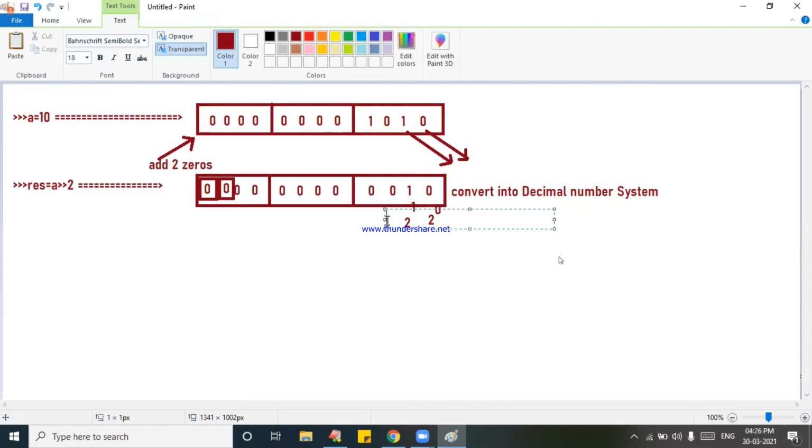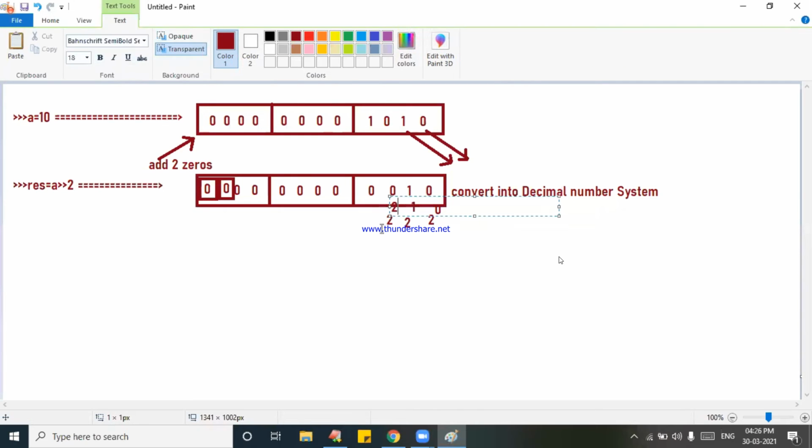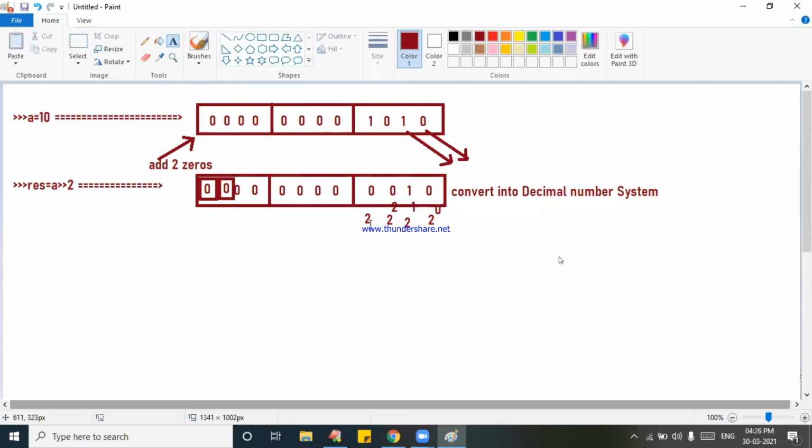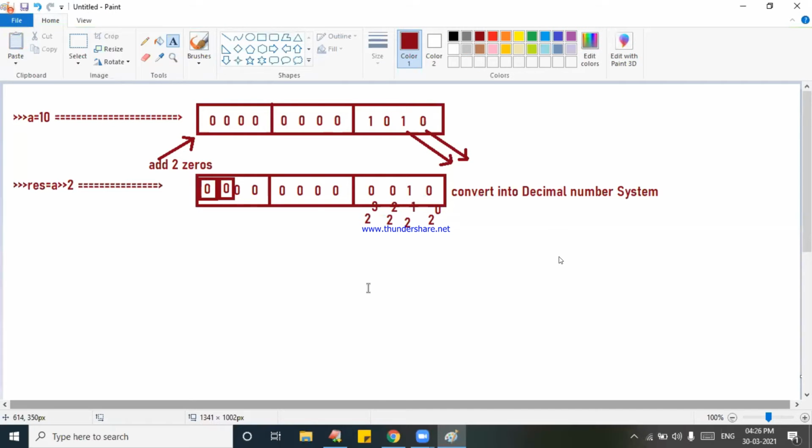Here I am writing 2 to the power of 2. 2 to the power of 2 I am taking, and now here 2 to the power of 3 also I am taking. Now tell me, these are all 0.